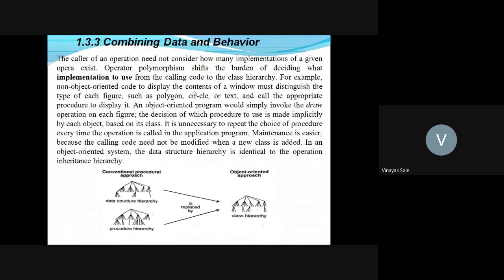Combining data structure and behavior, that is encapsulation. But polymorphism is different. The caller of the operation need not consider how many implementations of an operation exist.